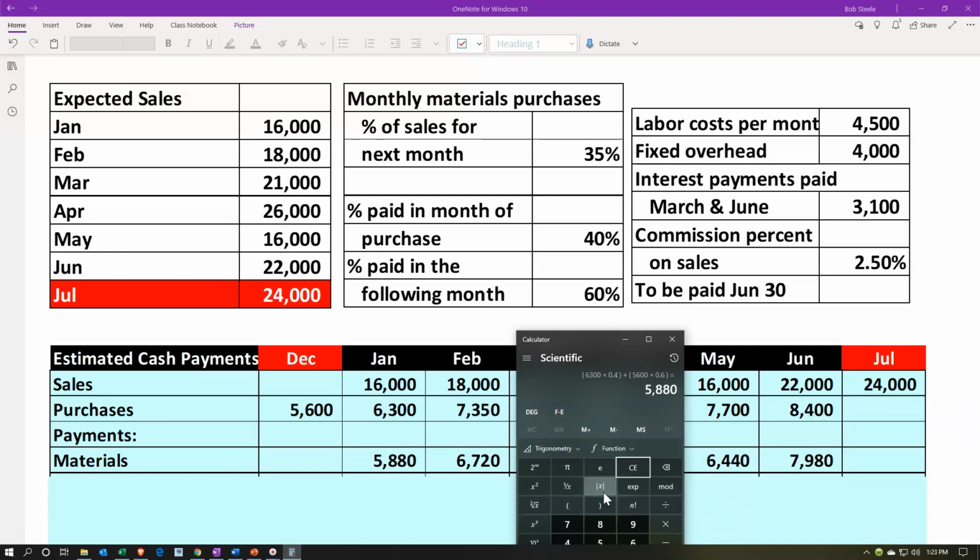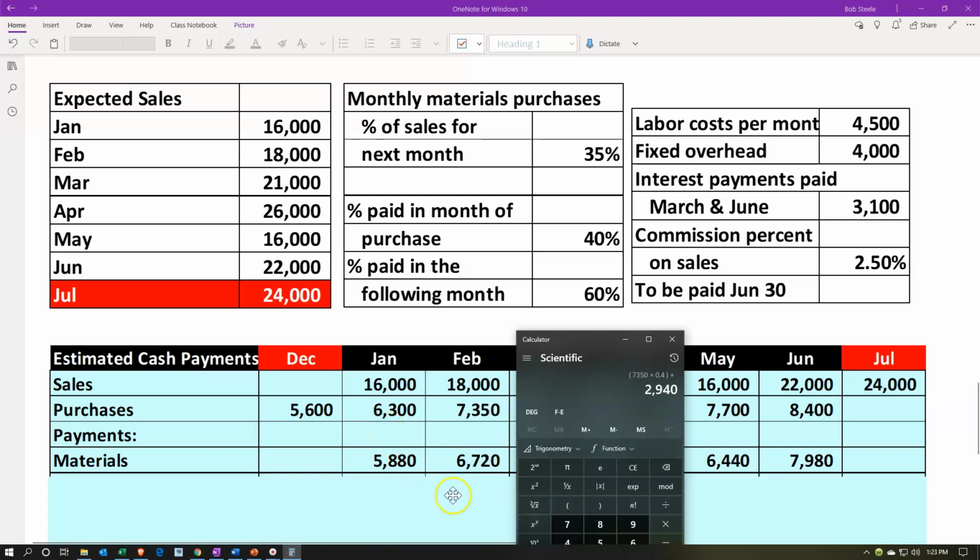Then we're going to say, okay, let's clear this off. We're going to take the current period, which is going to be, in brackets, the 7,350 purchases that we made in the current time period. I think it didn't pick up my bracket here. Let's try it again. Bracket here, and then we've got the 7,350 times the 0.4 collected in the current period, and then plus we've got the prior 6,300.